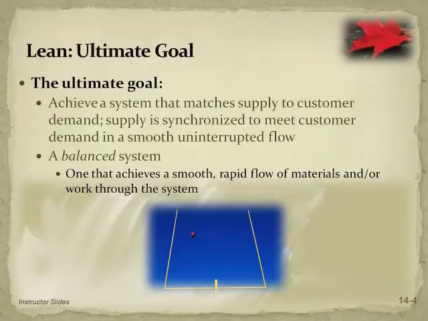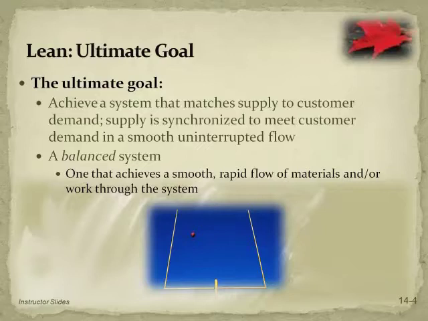Now, what's our ultimate goal? Our goal, of course, is to match supplies against demands. Any type of operation system is going to be trying to do that. But we're trying to achieve a balanced system. And the slide shows in that second bullet a definition of what a balanced system is.